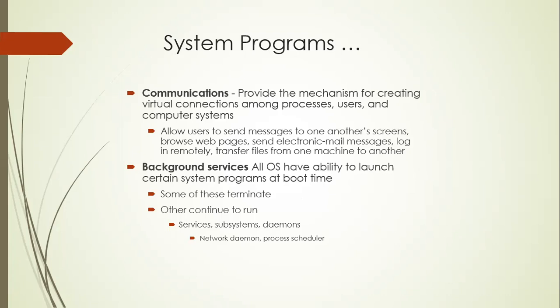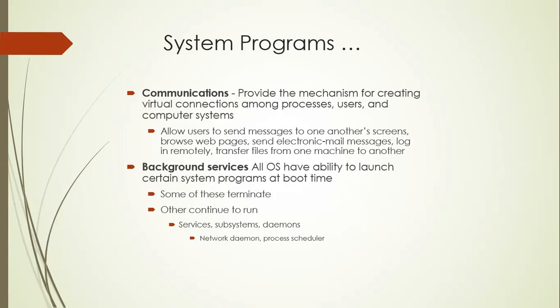The next class of the system program is the communication programs. These programs are used to provide communication mechanisms between different processes, between different users, or maybe between different computer systems. These programs allow users to send messages to one another's computer screens.